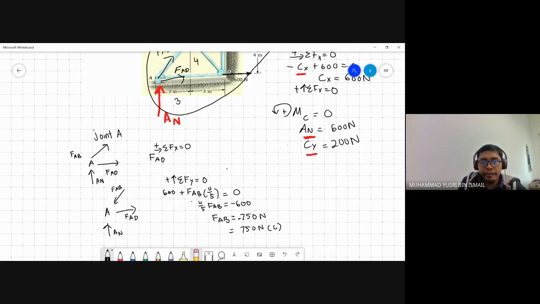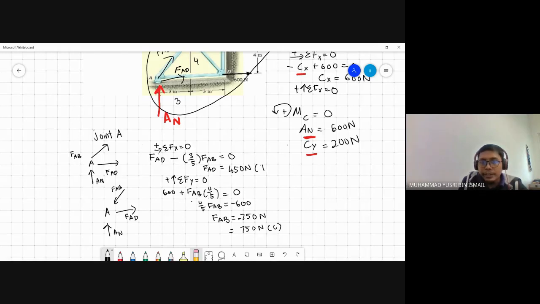FAB to the left. So FAD equals FAB 750 times 3 divided by 5, equal to 450.